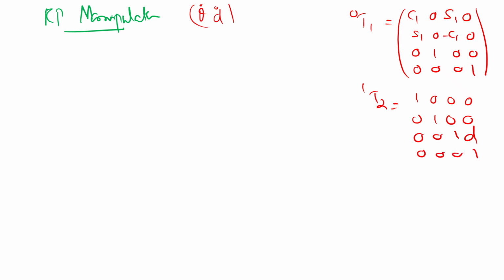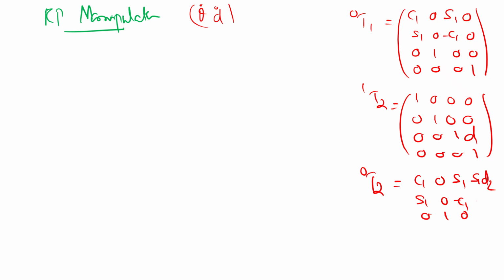When you multiply these, you will get C1, 0, S1, S1 d2; S1, 0, minus C1, minus C1 d2; 0, 1, 0, 0; 0, 0, 0, 1. We need this.